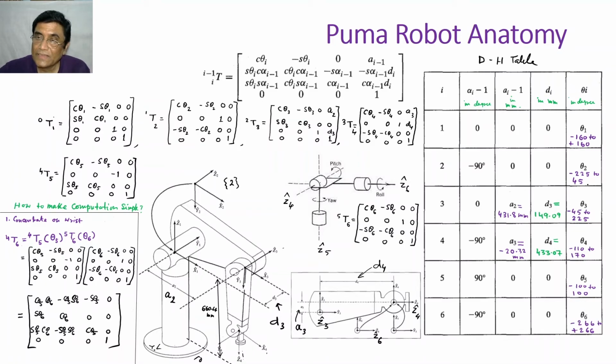And then you see each and every motion parameter. Motion parameter will be about z. This is a revolute type of robot. They have a range. Okay, and that range will be given by the designer.